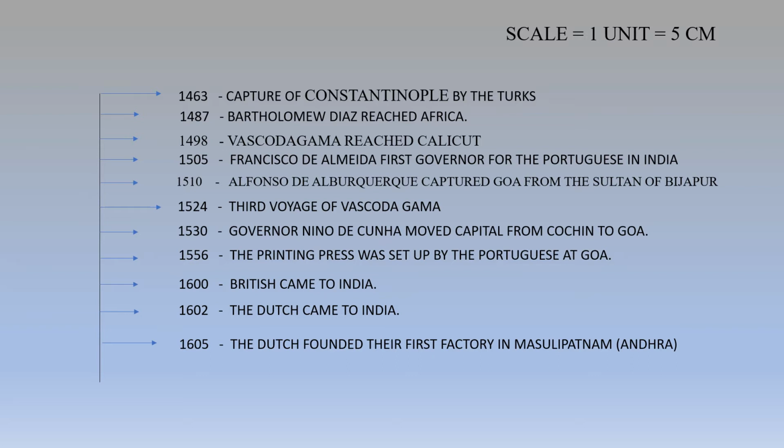You may be wondering why in history also we have to calculate. Yes, definitely children, everything comes under mathematics. Here you have to write the scale as 1 unit equal to 5 centimeter.